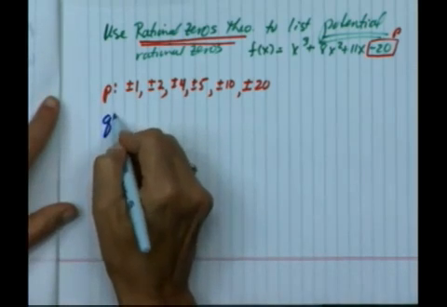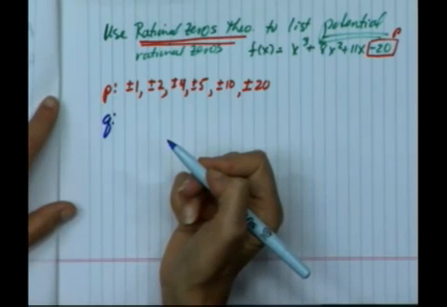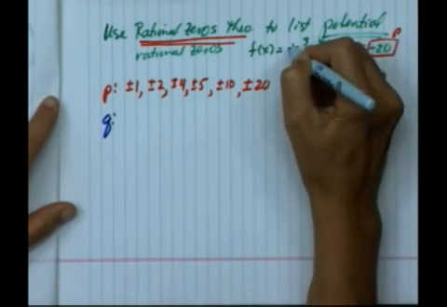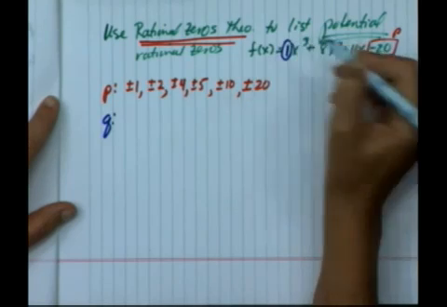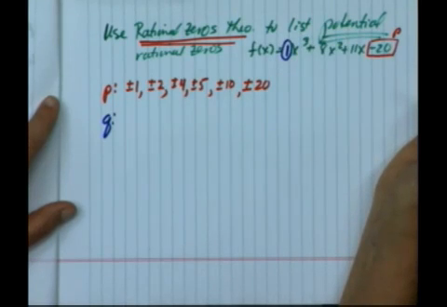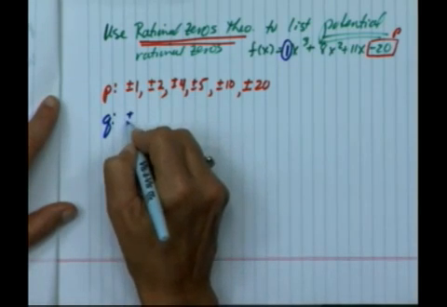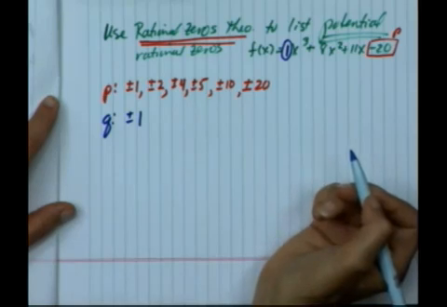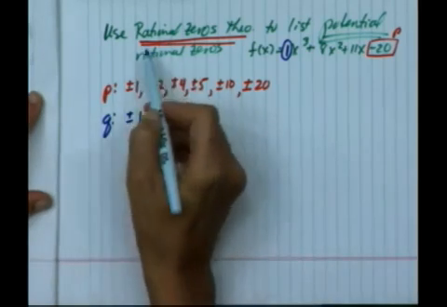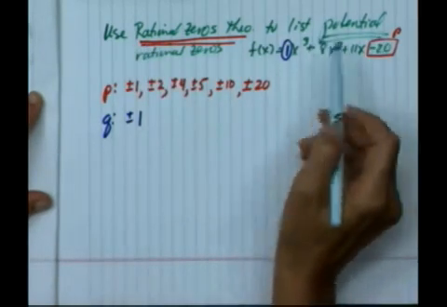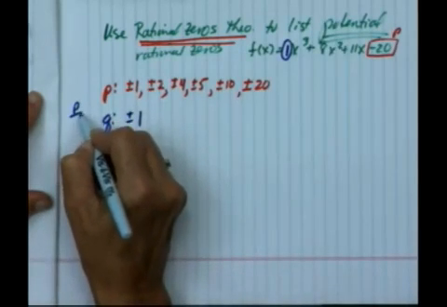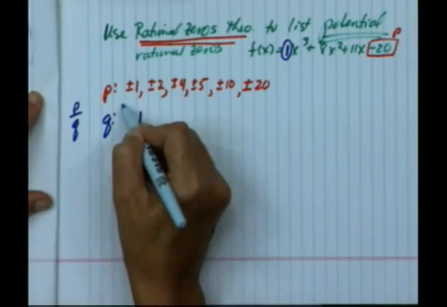All right, let's find the q. The q is going to be all the factors of the leading coefficient. And you're really happy when you see a leading coefficient of 1. So that would only be plus or minus 1. All of our potential rational zeros are of the form p over q.